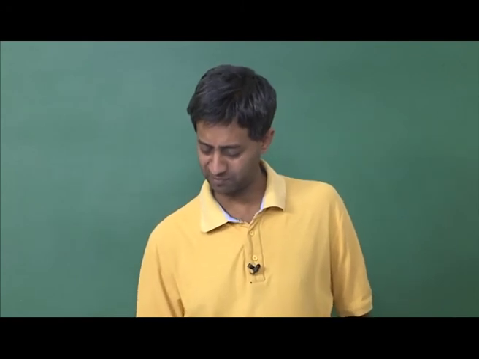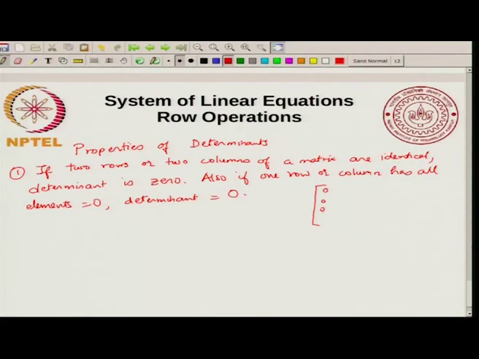For example, if you have a matrix where you have 0, 0, 0, 0 and then you have some non-zero elements A1, 2 and so on, but you have one entire row being 0, then determinant equal to 0. Okay. So, this has determinant equal to 0. Similarly, if you have a matrix where 2 rows or 2 columns are the same, then the determinant is equal to 0. Okay. So, this is one property.